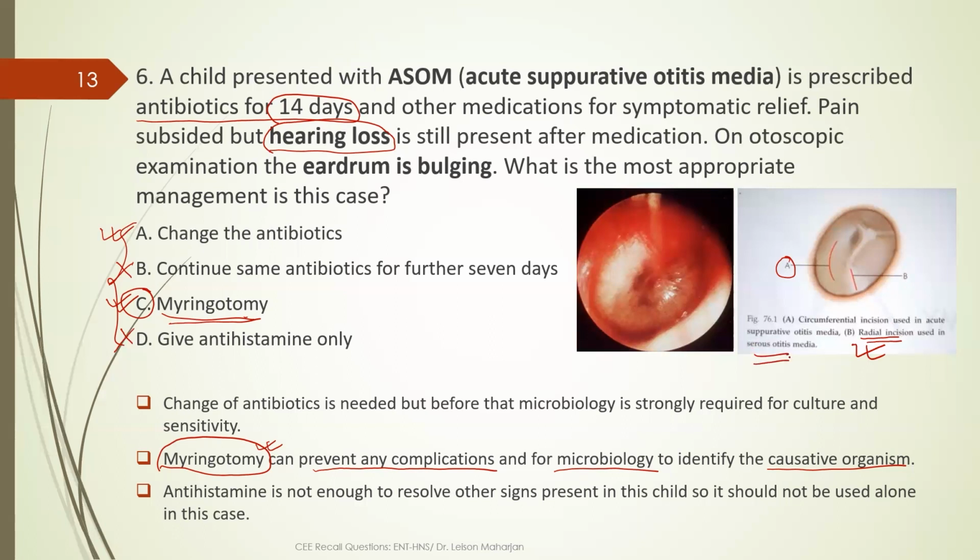So the question can be, what type of incision would you make in the tympanic membrane? The answer would be circumferential or curvilinear in case of acute otitis media, and radial incision in case of serous otitis media or otitis media with effusion.